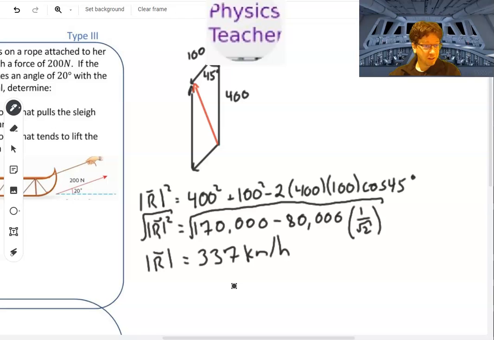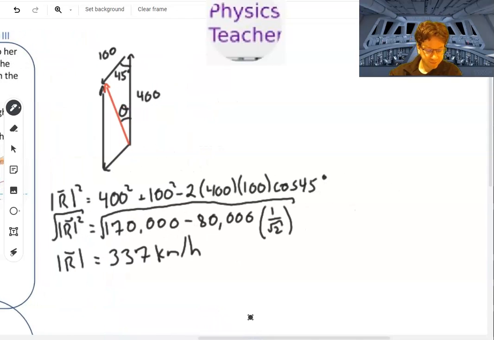Of course, it's important to know how fast the plane is going, but it's also important to know where the plane is actually going. So we need to figure out what this angle theta here is. To do that, I'm going to use the sine law. So the sine of theta over 100 is going to equal sine of 45 over the magnitude of that resultant, which we got to be 337.